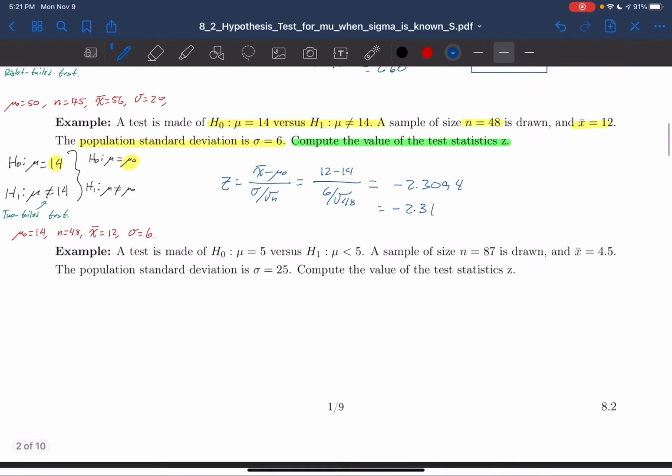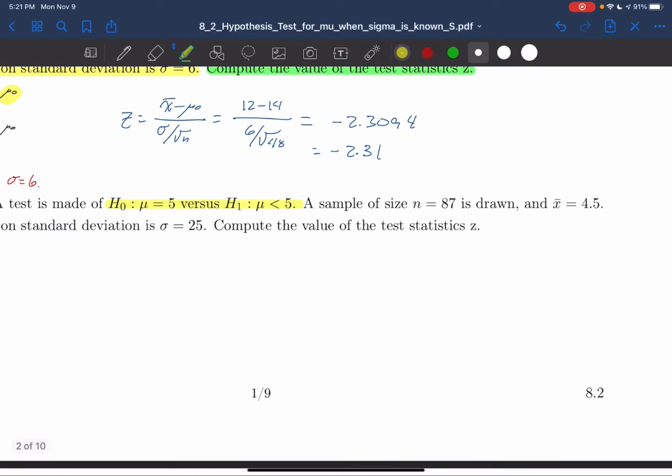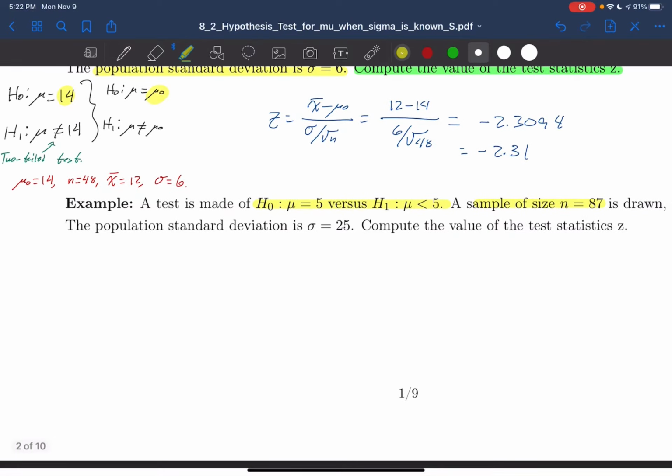Awesome. Okay, last one. So let's say we have this test here. Mu is equal to 5 versus mu is less than 5. And we have a sample size of n equals 87, a sample mean of 4.5, and a population standard deviation of 25.